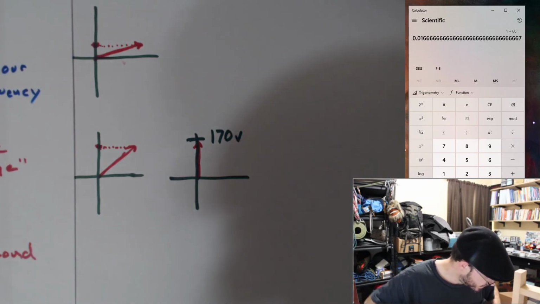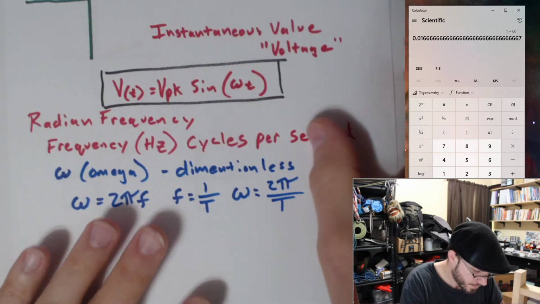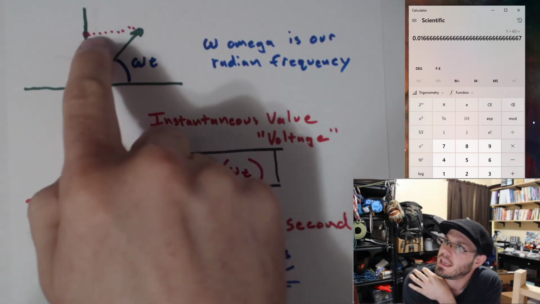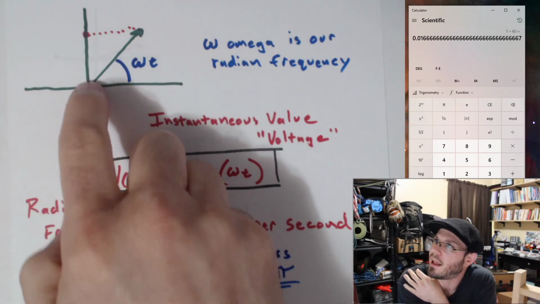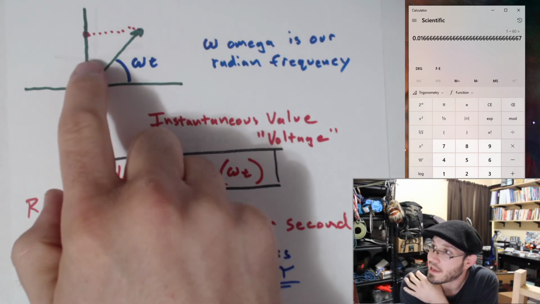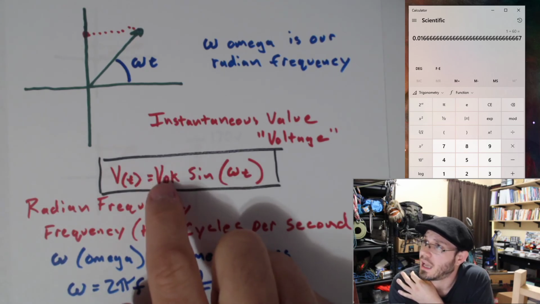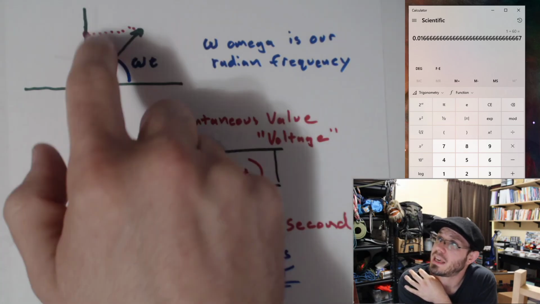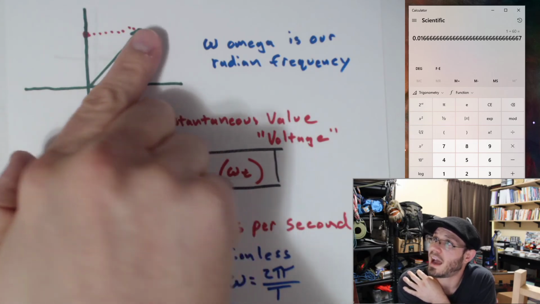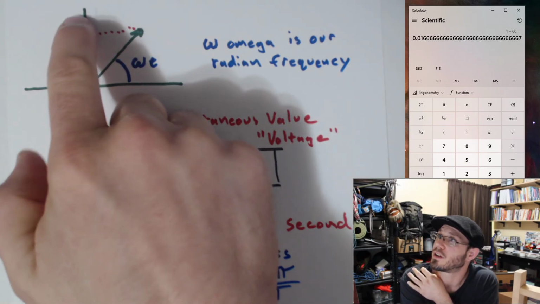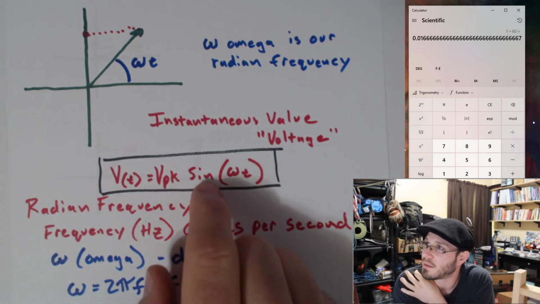And our sine function gives us the value along the y-axis that we care about. So that's why we're taking sine times the peak voltage, the max value when this phasor is all the way up, times sine.